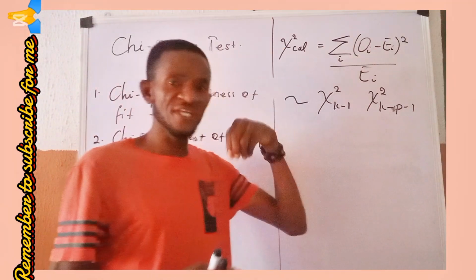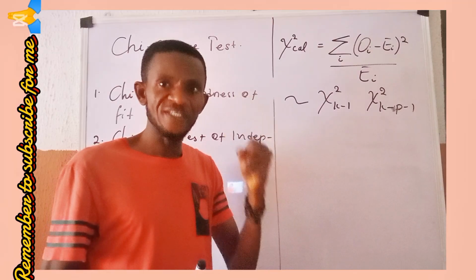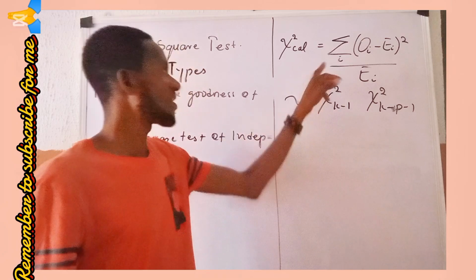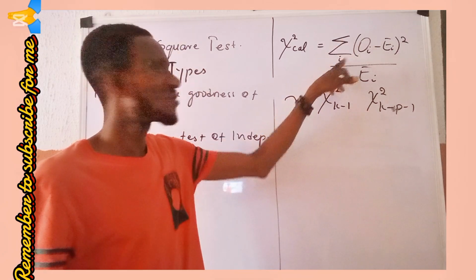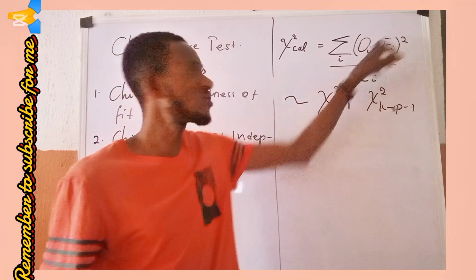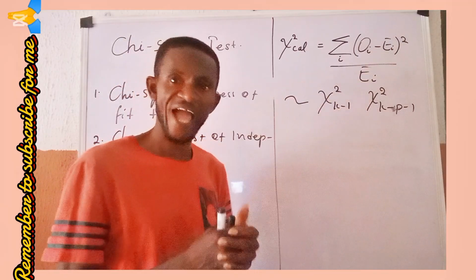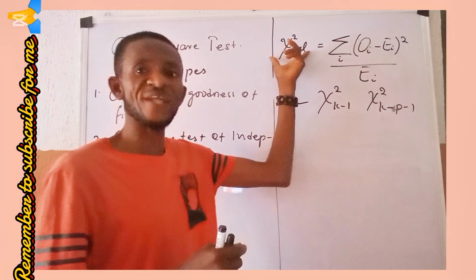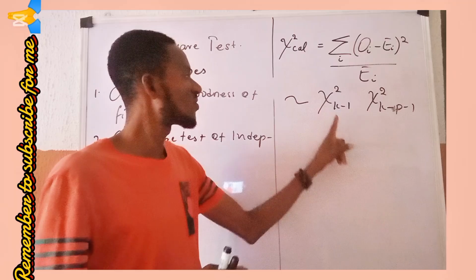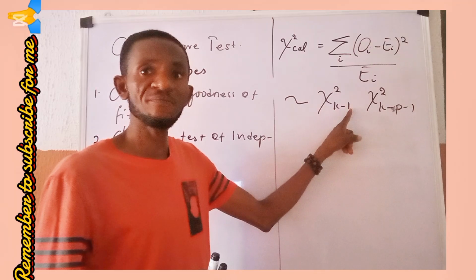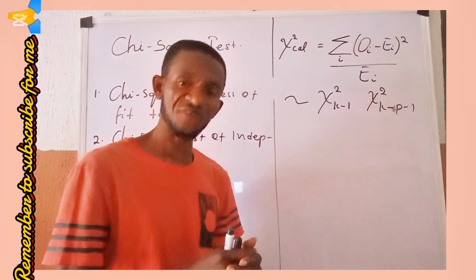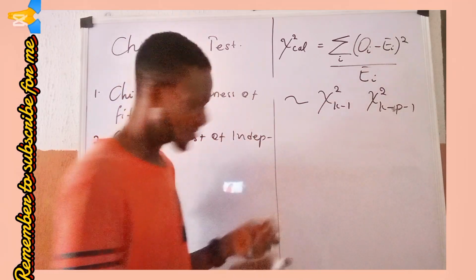The formula with which to calculate the chi-square goodness of fit test statistic is the sum over i of O subscript i minus E subscript i all raised to power 2 all over E subscript i. And this chi-square test statistic follows a chi-square distribution with k minus 1 degrees of freedom, or with k minus p minus 1 degrees of freedom.